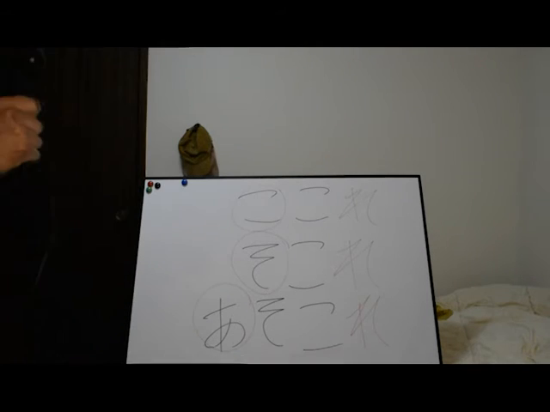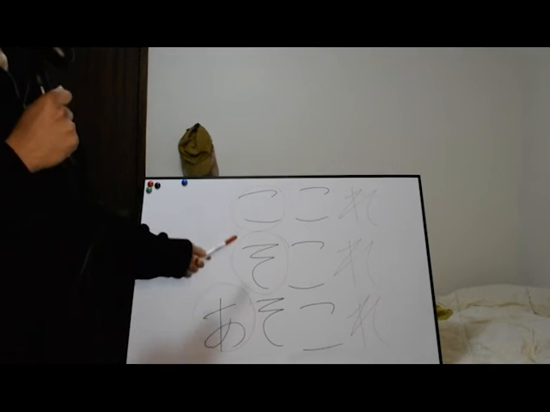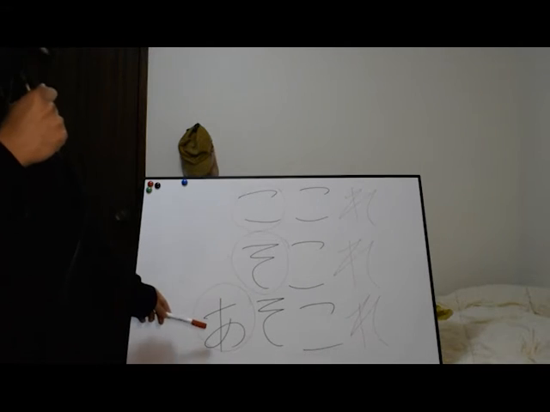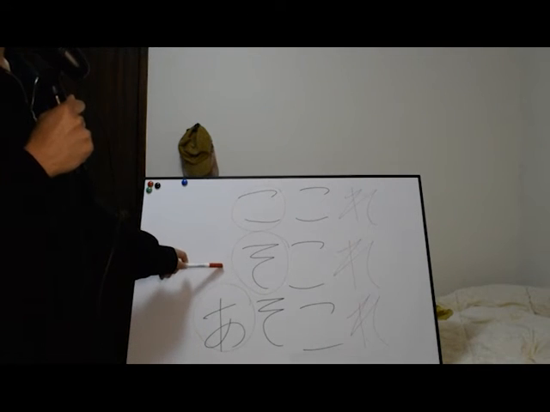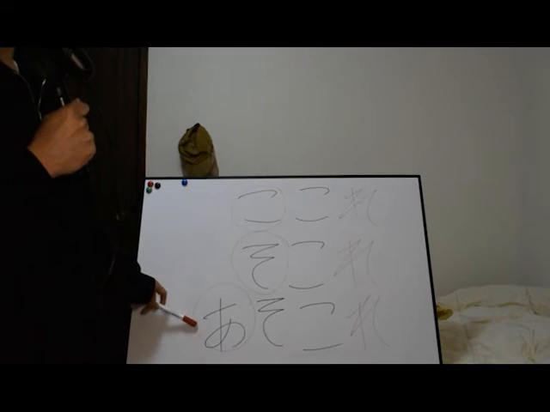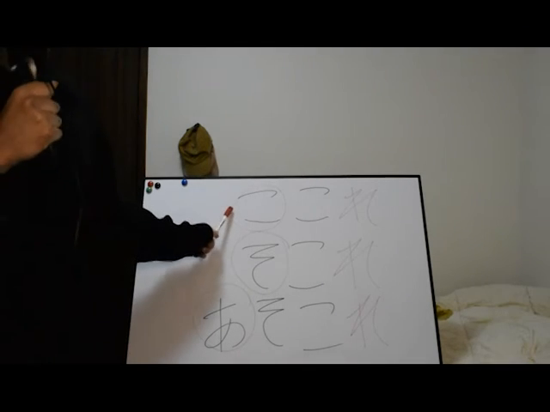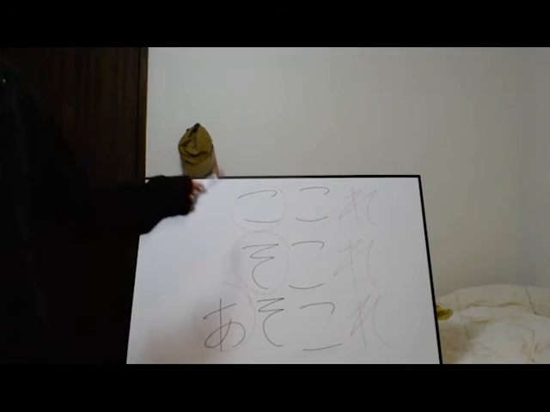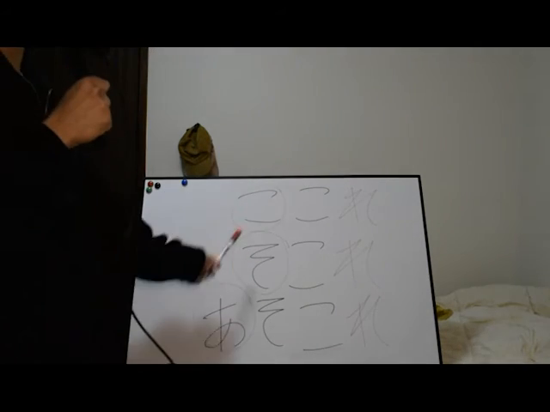Quite straightforward, yeah? Let's just go over them again. So this is koko, soko, asoko. Koko, here. Soko, there. Asoko, over there. So you can say, for example, koko ni imasu, which means I am here.